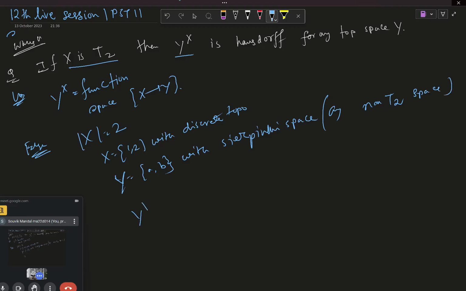Then obviously Y to the power X is homeomorphic to Y cross Y. Clearly the diagonal is not closed.